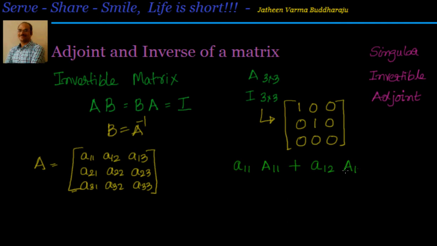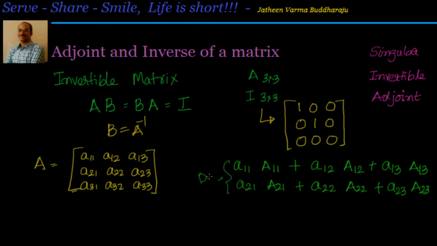Similarly, the next element into its corresponding cofactor, and the next. Not only that, if you take the second row, it becomes A21 into capital A21 plus A22 into capital A22 plus A23 into capital A23. This is equal to the determinant of A.